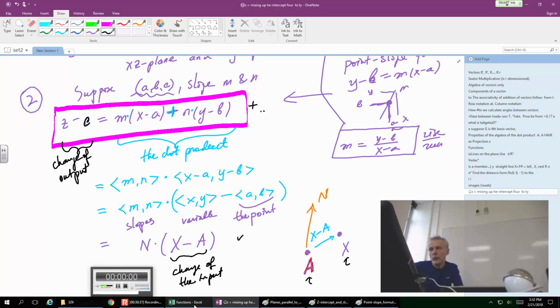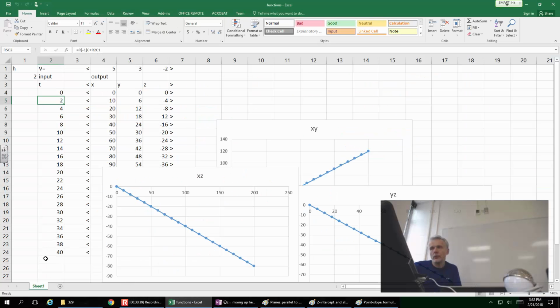So I want to do a numerical thing in order to demonstrate well the difference. This is what we did last week. That's a line, and I did it in 3 dimensions.